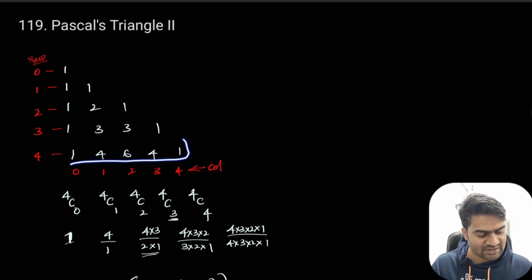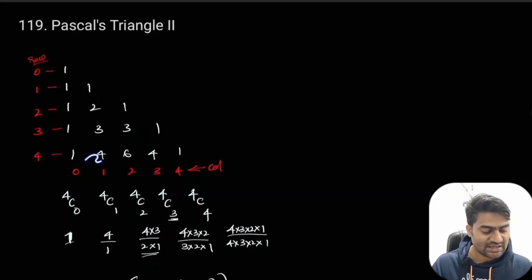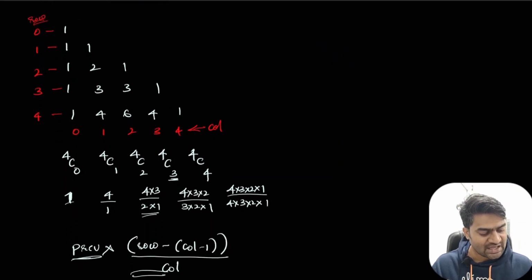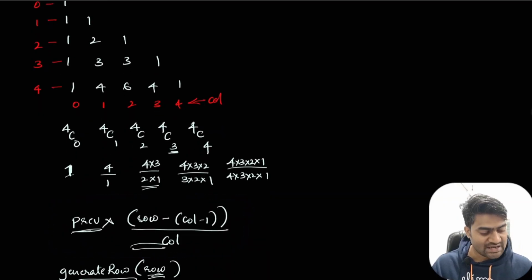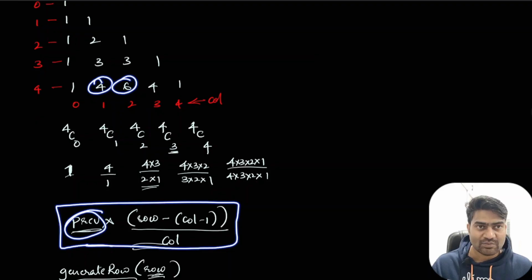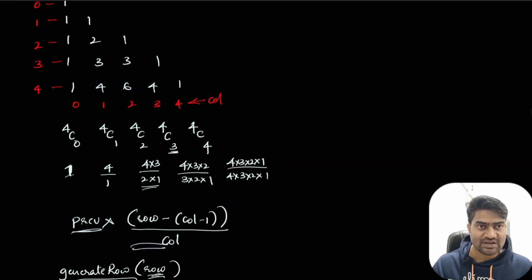In that case we will have 5 values in this row. We have already seen how each cell is calculated using the nCr formula, and then we improvised it and finally formulated this formula, and we find each cell using a DP approach by keeping the previous value reference.